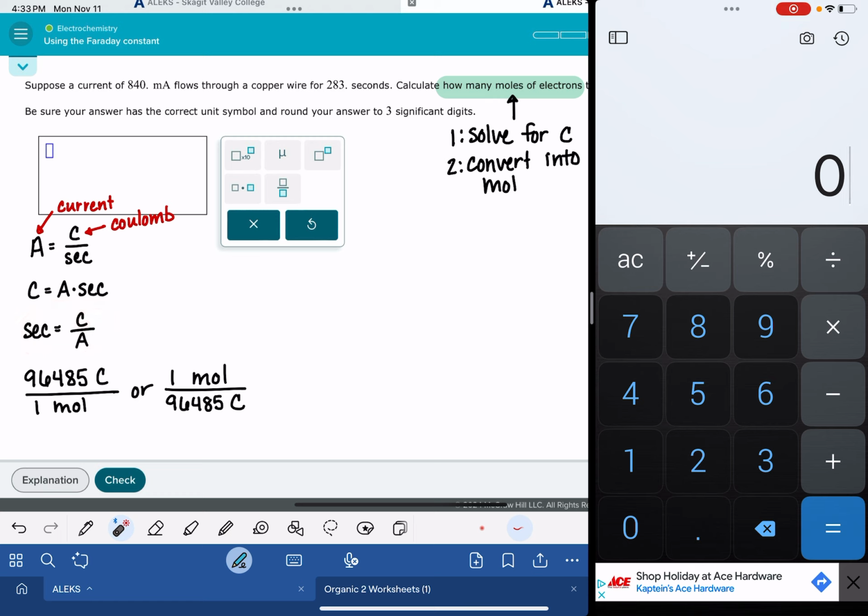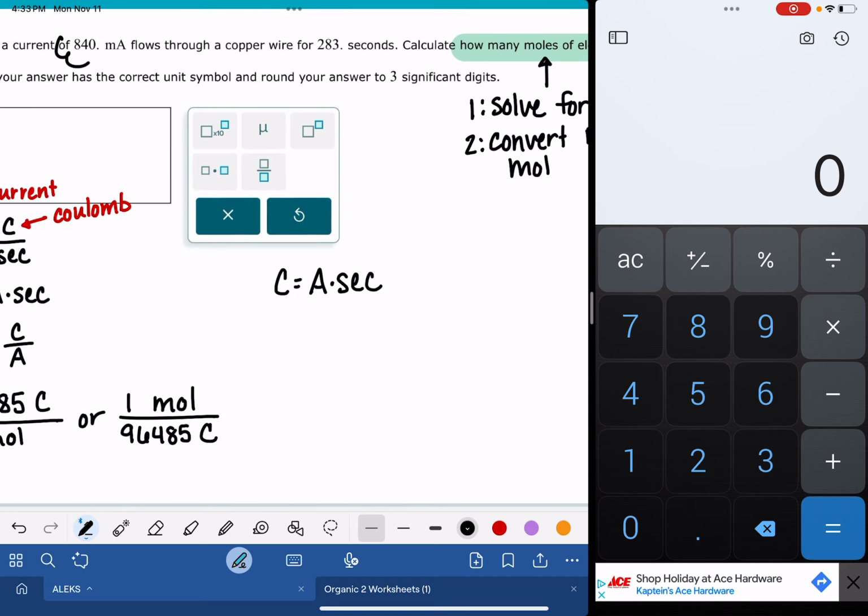So I am being asked to solve for coulombs, essentially, and that is going to be my amps times seconds. The problem tells me that I have 840 milliamps. I need to convert that into regular amps. 840 milliamps divided by 1,000 is going to be 0.840 amps.